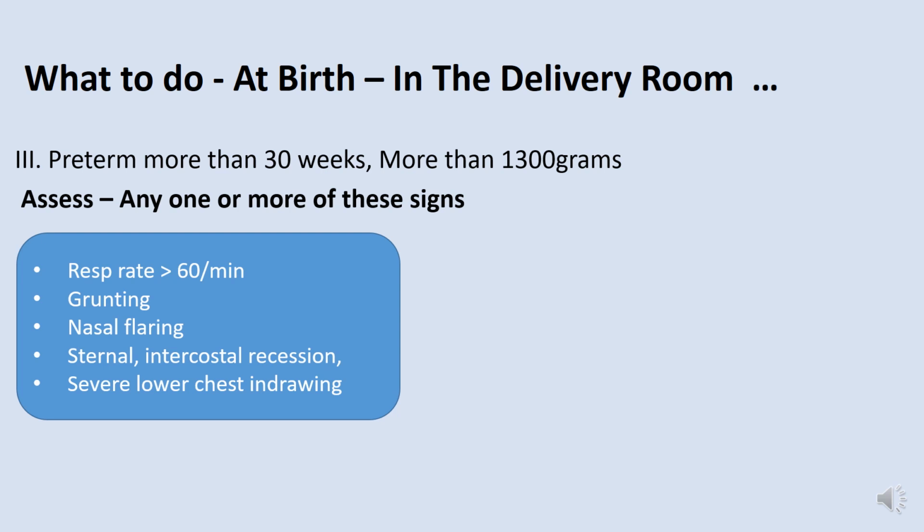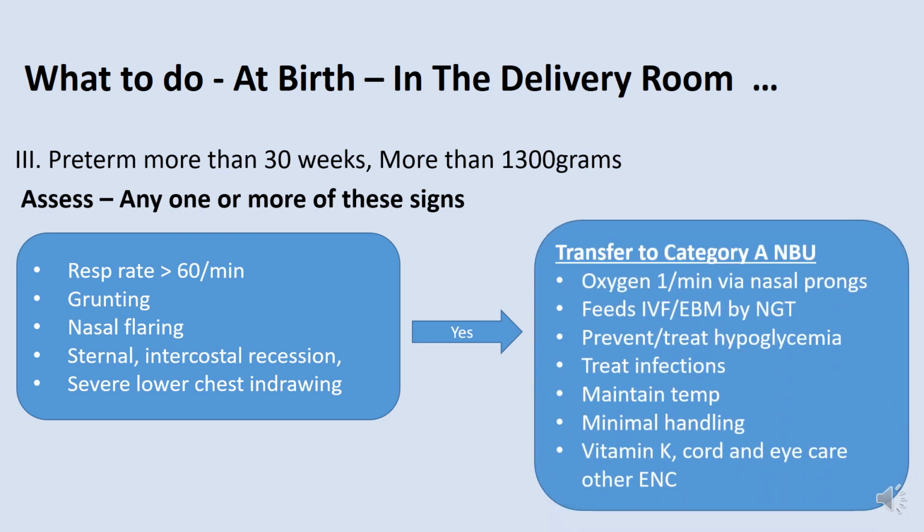They don't have to have more than one. Any one of these signs. If there is yes to any one of these signs, then you need to transfer them to what we refer to as Category A newborn unit. Category A newborn unit in Kenya is the newborn unit for critically ill newborns. While there, this newborn should be put on oxygen at 1 liter per minute via nasal prongs.